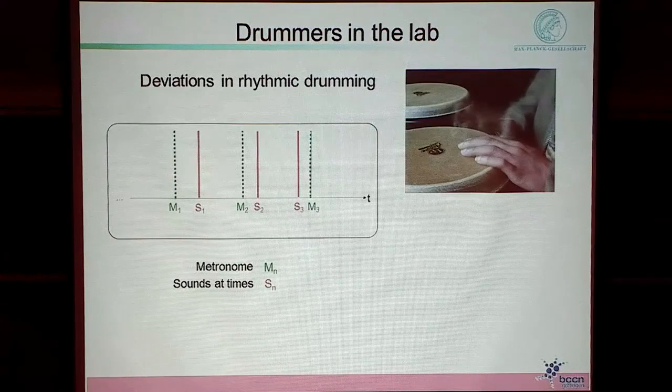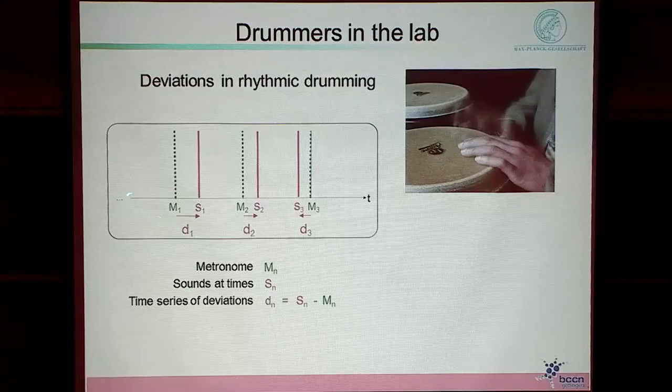So they deviate from the metronome beats. And these deviations, we call them D1, D2, D3, and so on, Dn. So this gives us a series of deviations that we want to analyze. And this is something that we call a time series, for obvious reasons.